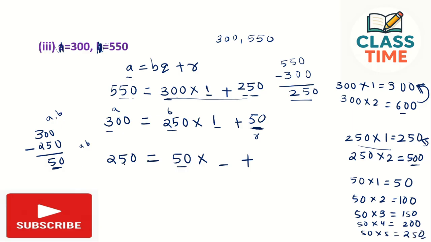So the expected number we need is 250, and if we multiply 50 into 5, we get 250. So what will be the remainder? 250 minus 250 is 0. So we'll stop at this step as we got remainder as 0. So what will be the HCF? HCF equals 50. So 50 is the number which gives remainder 0.